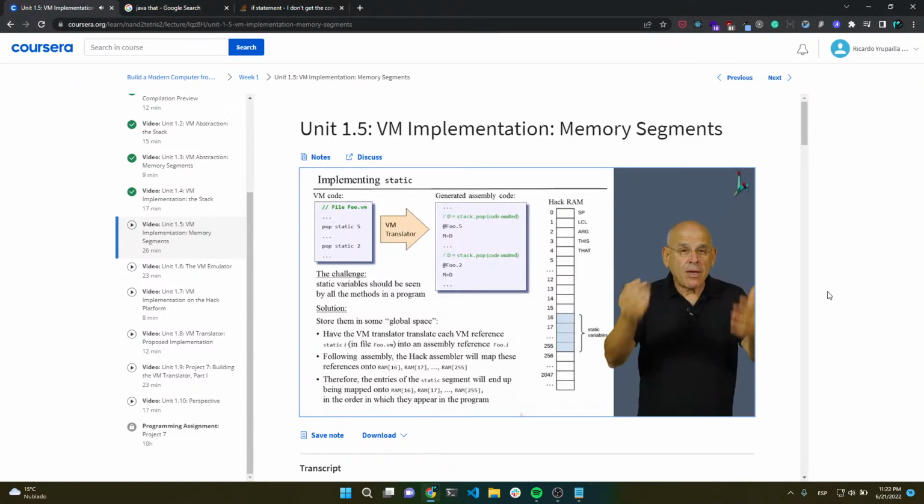It's the order of appearance in the code which determines where each one of these variables will be mapped on the RAM.